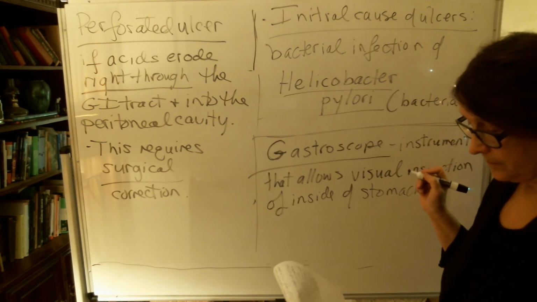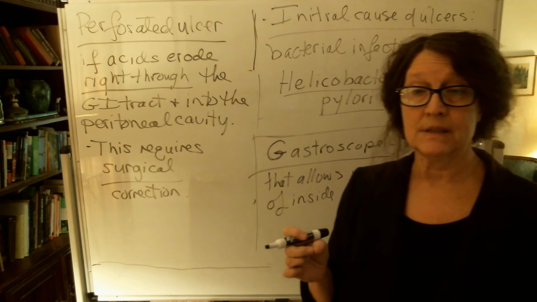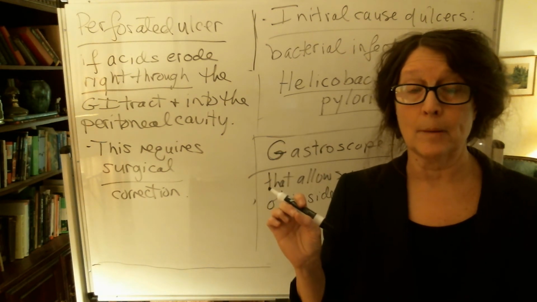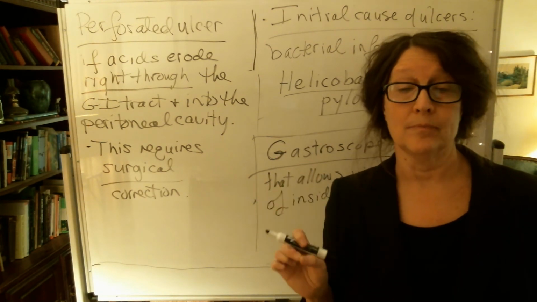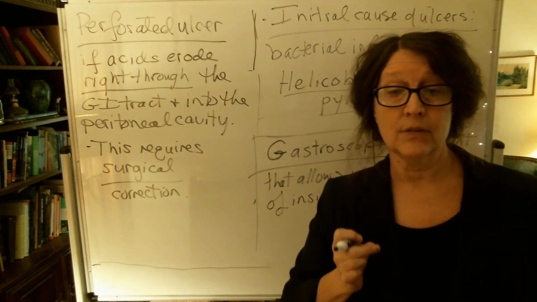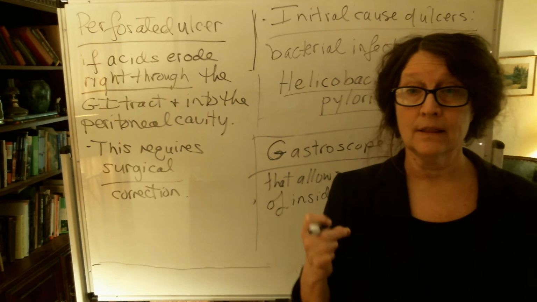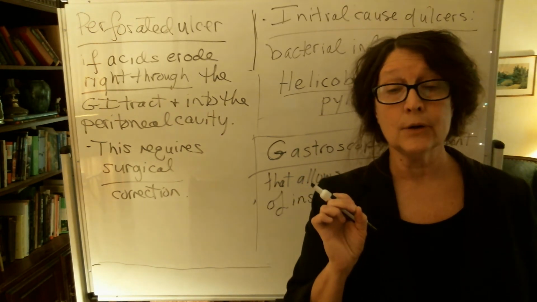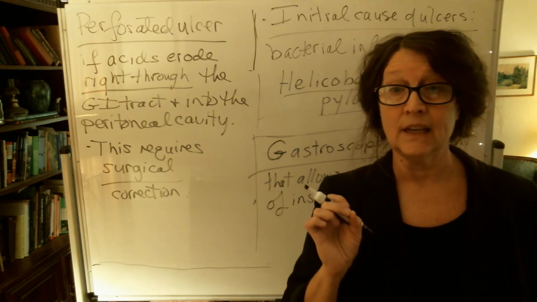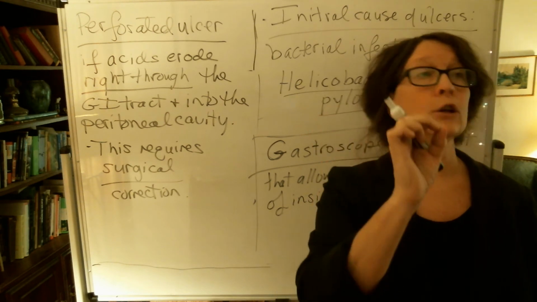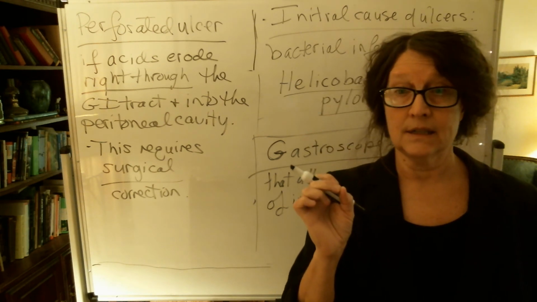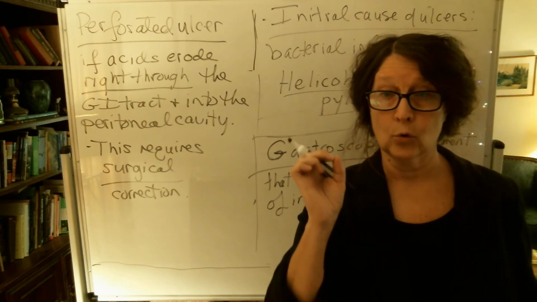So what happens is that basically a small fiber optic cable, essentially a tiny camera, is placed in the esophagus and it goes down into the stomach, and the doctors can then basically watch the interior of your stomach on TV, and they can then look around and they can see if things look the way they should or not.